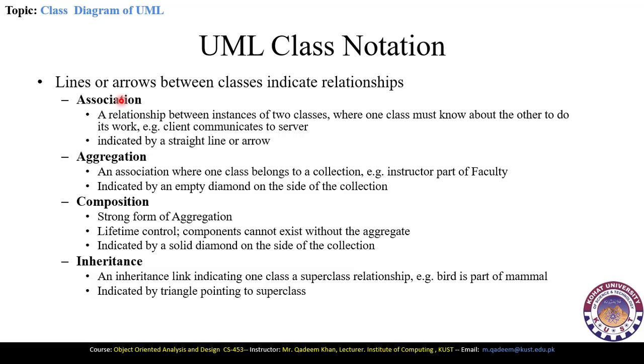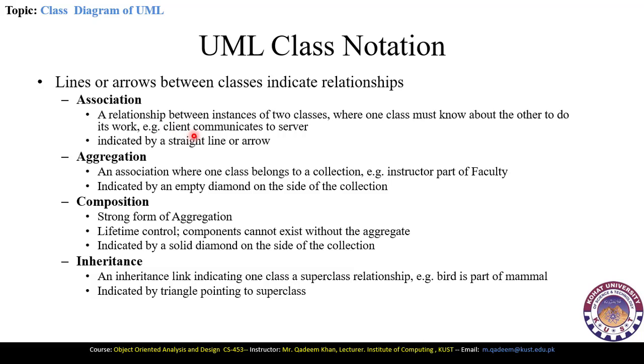In association, as its name indicates, when one class object is declared in another class, and through the object we access the function or data of that particular class, then it is called association. An association is a relationship between instances of multiple classes where one class must access the other class's functions and data.